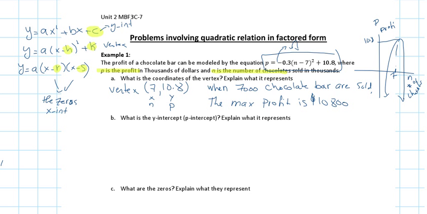Standard form. That's right. So there's 2 ways to solve for this. I can put my vertex form into standard form by expanding. That's one way. The second way is to plug in. When you're looking for the y-intercept, what's the value of x? 0. Plug in 0 for x, solve for y.